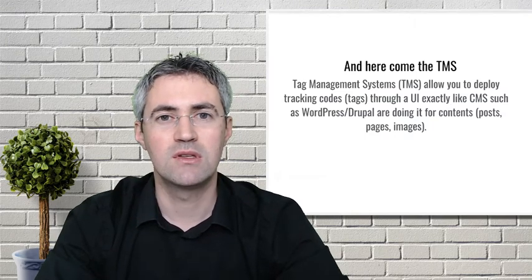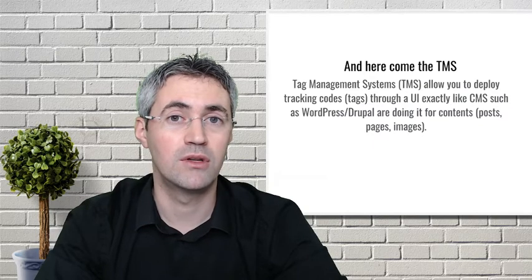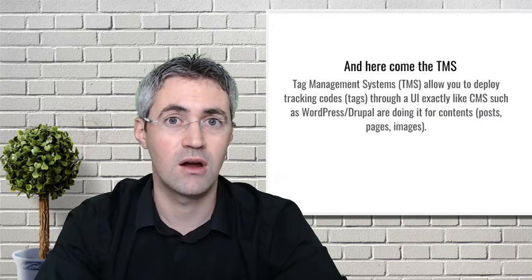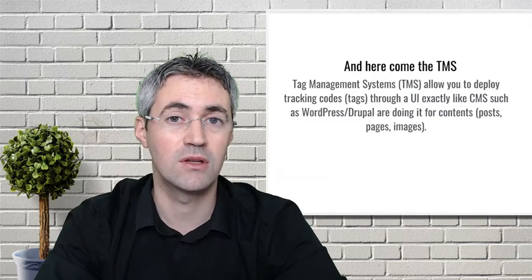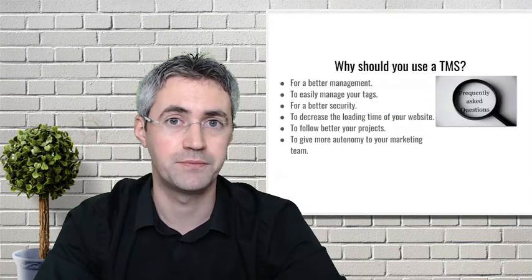Tag management systems are here to manage what we call tags, which are nothing more than a synonym for tracking code. So a TMS is a software, a system for you to manage the tracking code with a user interface, exactly like CMSs do for content.